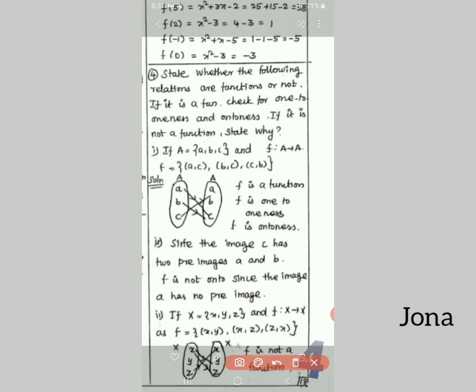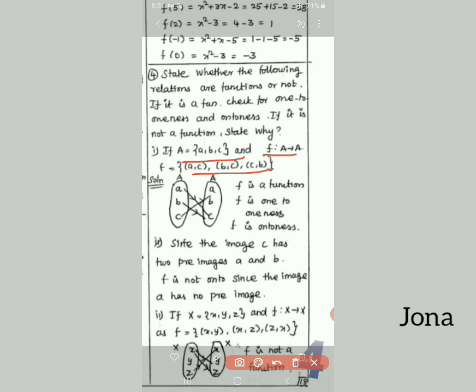So we want to check these given functions. Here it is given, A equal to a comma b comma c, and f is a function from A to A, f equal to a comma c, b comma c, c comma b.